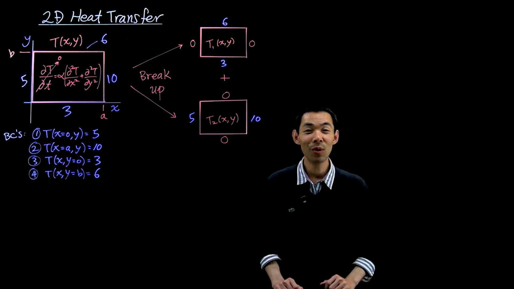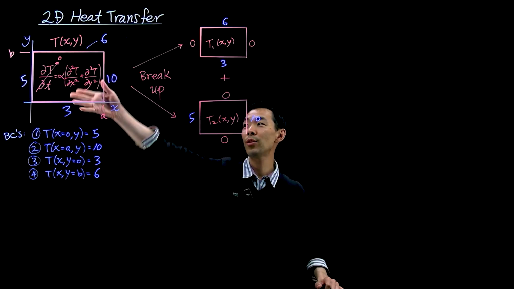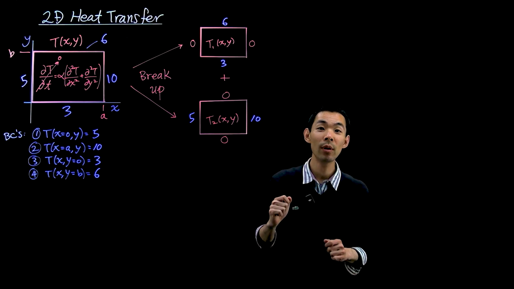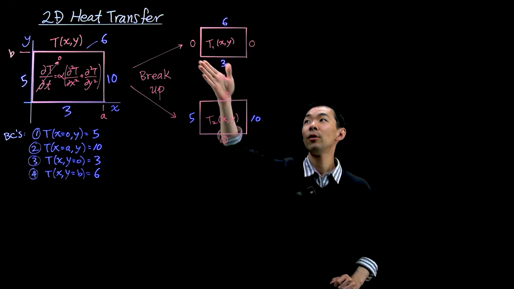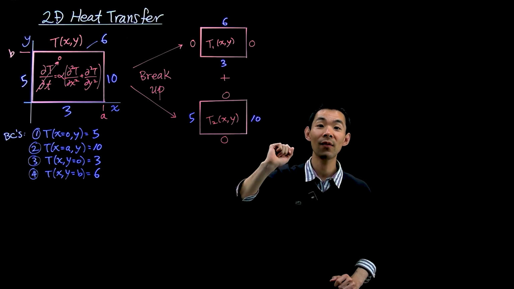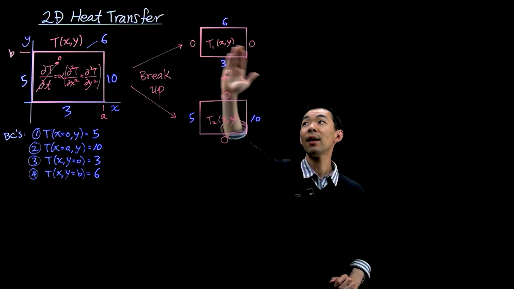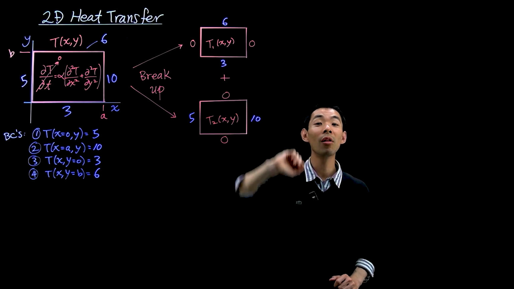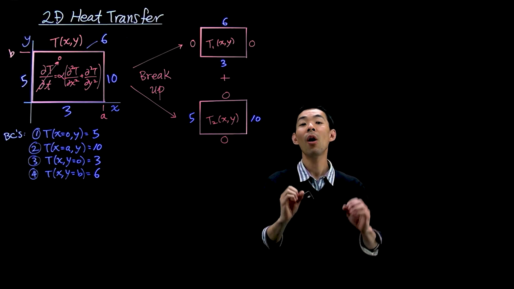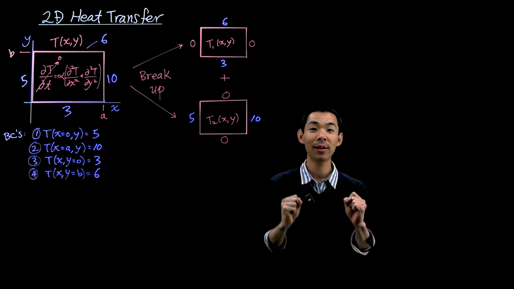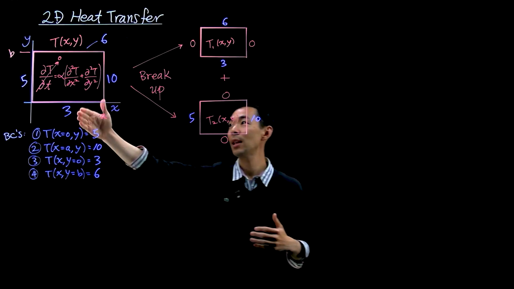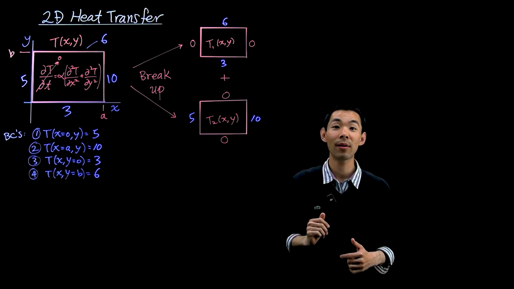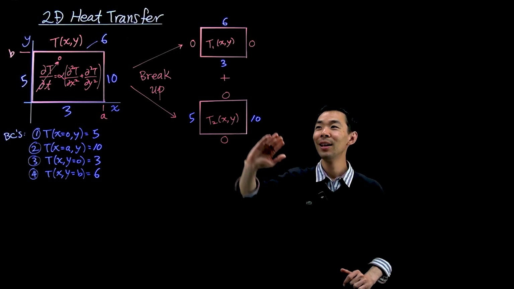What you want to do is break up the original problem into two different problems. One problem where you have T1 as some function of x and y. That's going to have 0 temperature along the x. So you have homogeneous Dirichlet boundary conditions along the x direction. And you leave the 3 and 6 intact as non-homogeneous boundary conditions along y.